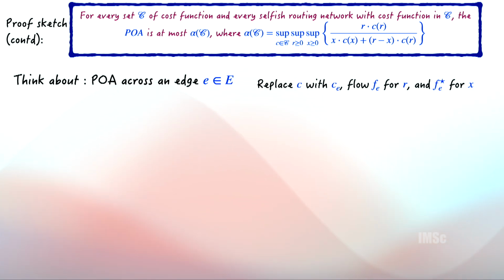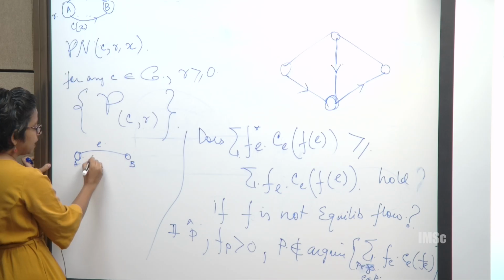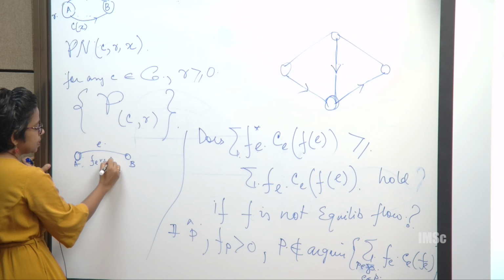So, think about even a simplified Pigou type network. Pigou has these two types of edges, right? Now I am actually just looking at one single edge and I am comparing f_e versus f star_e.